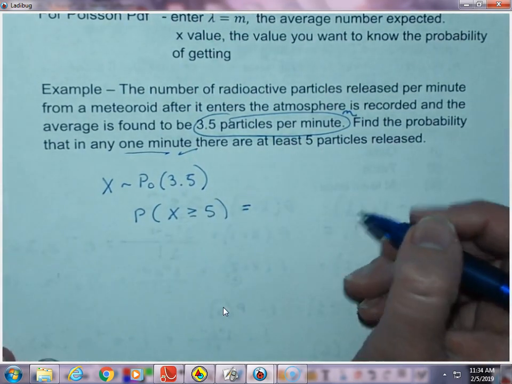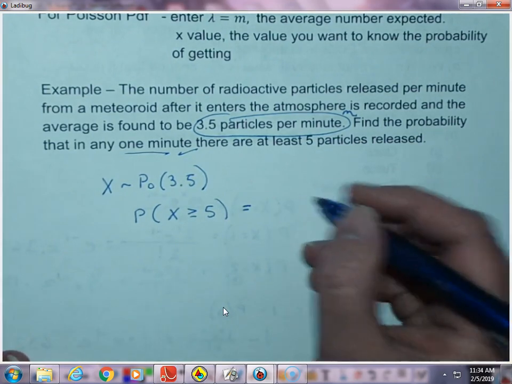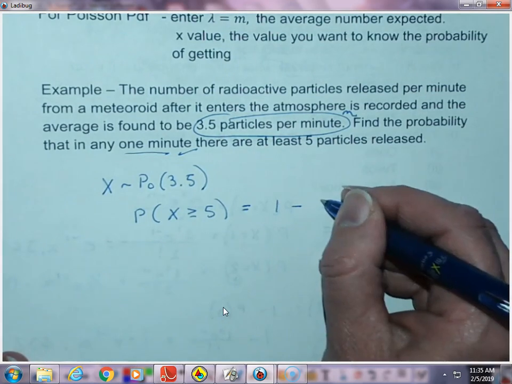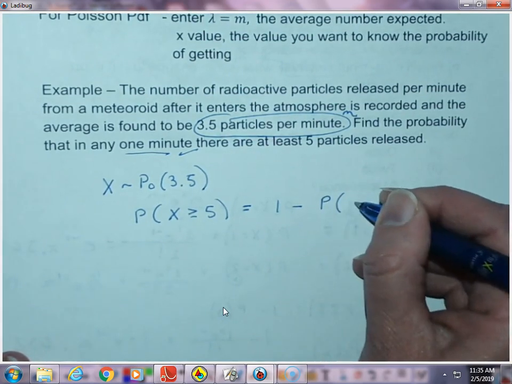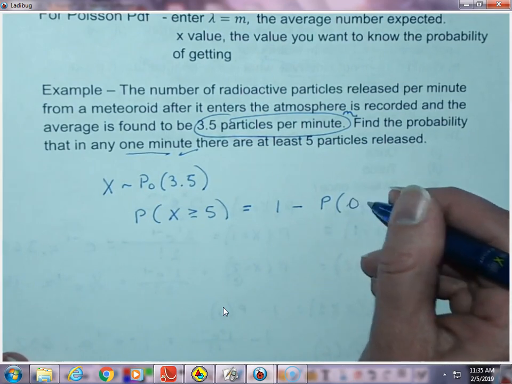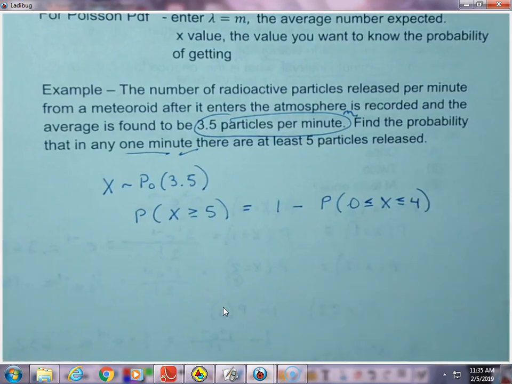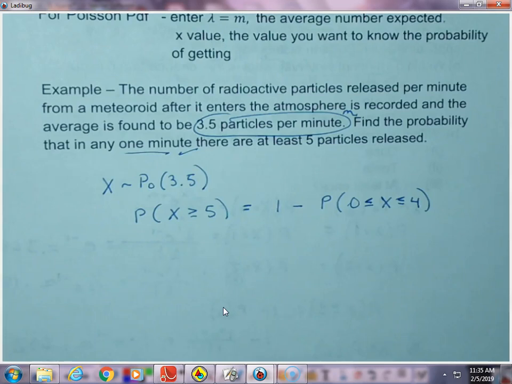And how are you going to have to do that? Minus, like, 4. 4, 3, what else? Yep. So everything between 0 and 4. So you'd have to subtract 0, 1, 2, 3, and 4, but there's a cumulative function on your calculator, so you don't have to do them separate.